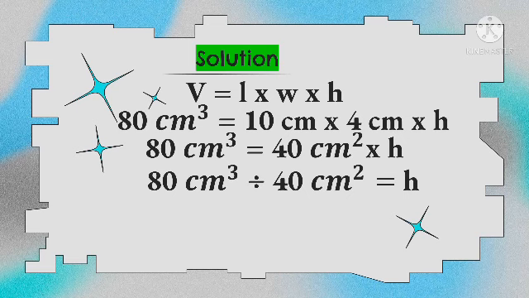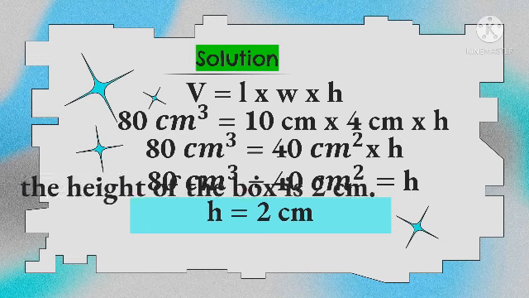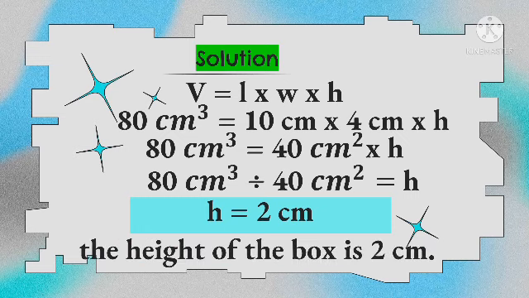So, 80 cubic centimeter, i-divide natin sa 40 square centimeters. So, we will get the height of 2 centimeters. So, yung 80 naman, i-divide natin sa 40, that is 2, diba? So, the height of the box is 2 centimeters.